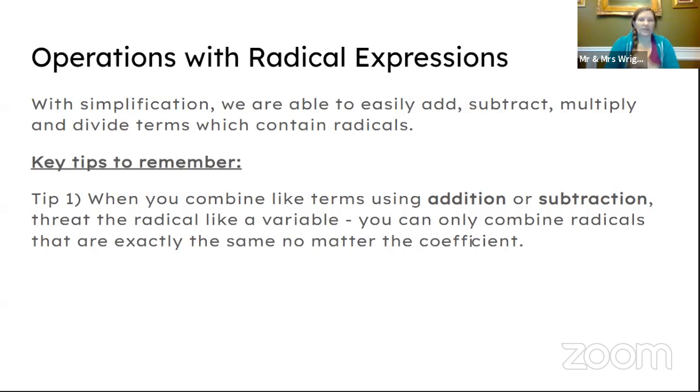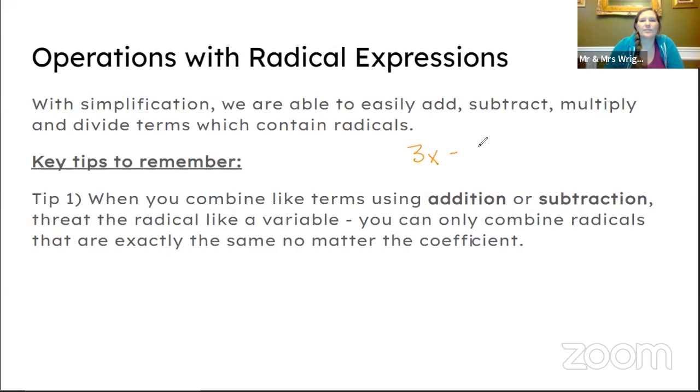So the way that we do that with radicals is we treat it just like a variable. So if we have something like 3x minus 2x plus x squared, we want to find the like variables. And when you have variables, that means the letter and the exponent need to be the same. So in this case, we only have two like variables right here. When you have like variables, you write the variable and then you combine the coefficients.